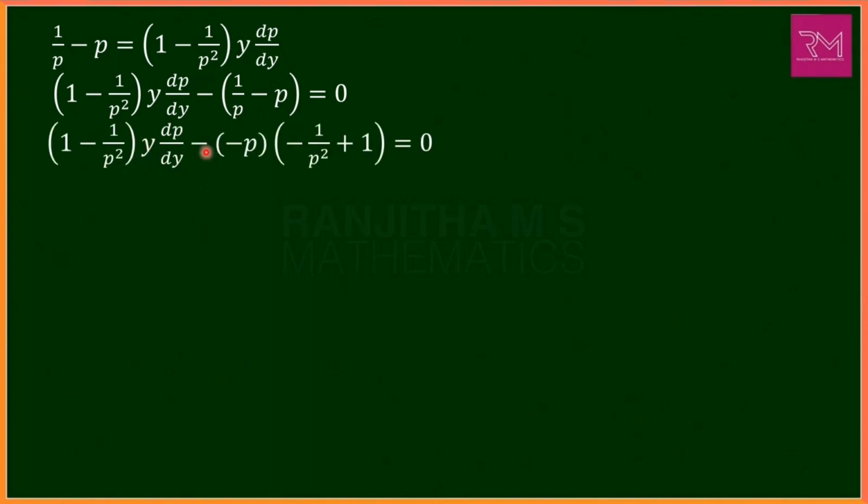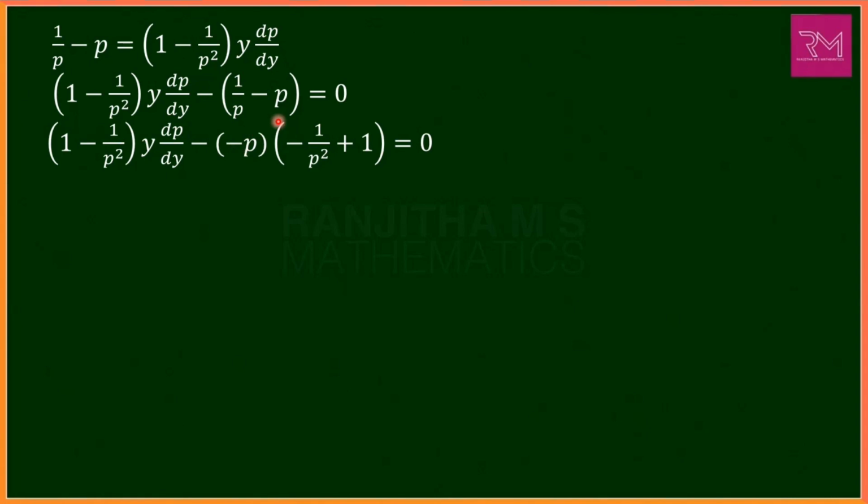Here we get 1 minus 1 by p square into y into dp by dy minus, if we take this minus p outside the bracket, the remaining is, here if we take minus p as common, there is no p term here, so we cannot take minus p directly; we have to multiply and divide by minus p. In the numerator minus p we can take outside the bracket, the remaining is 1 by p into p, which is p square, so this becomes minus 1 by p square, and if we take minus p common, the remaining is plus 1.